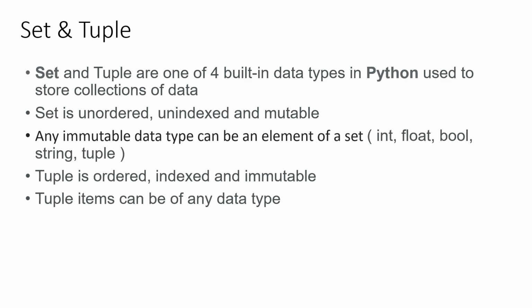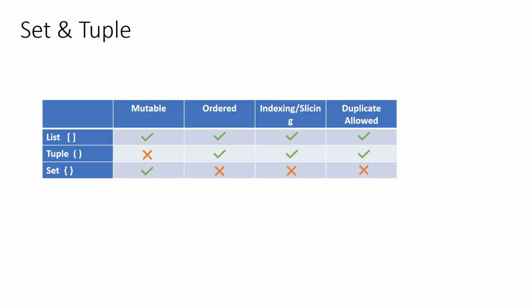Now, in case of tuple, tuple is ordered, indexed, and immutable. And tuple items can be of any data type. So let's just quickly summarize this. List is defined as square brackets, tuple as rounded brackets, and set as curly brackets.